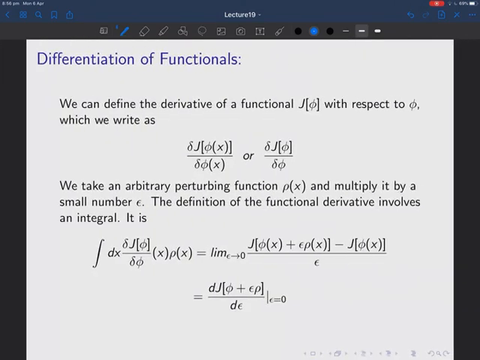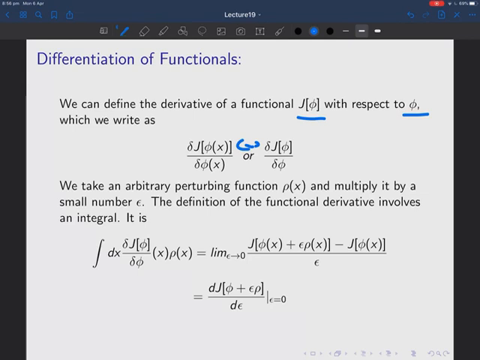What about functionals? A bit more complicated, as you might expect. To define the derivative of a functional J of phi with respect to phi, that's what you do. You're not differentiating with respect to x, you differentiate with respect to phi. We can write this as delta J of phi of x over delta phi of x, or sometimes without the x, it doesn't really matter.